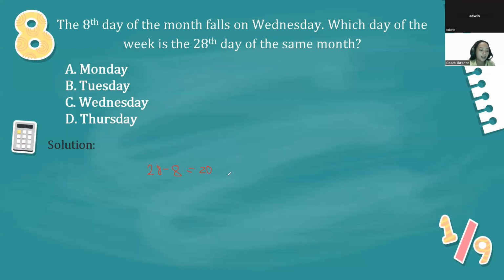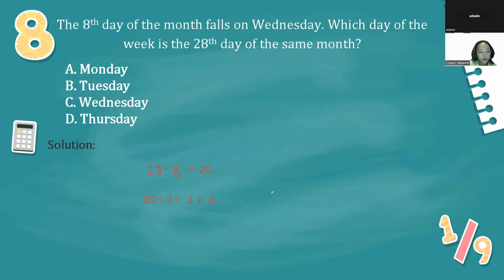The second step is to divide 20, since there are 20 days between 28 and 8, by how many days are there in a week. It's 7. 20 divided by 7 is 2 with a remainder of 6.